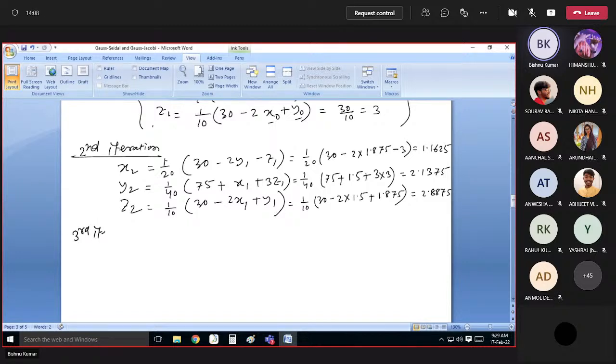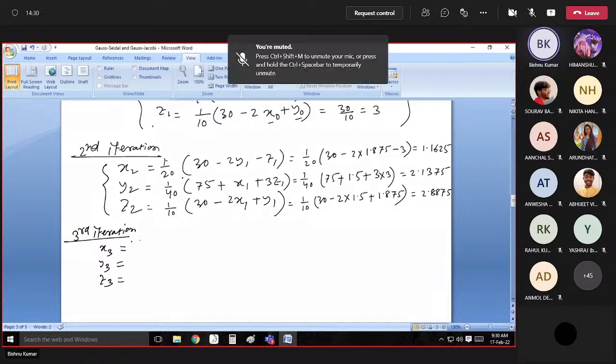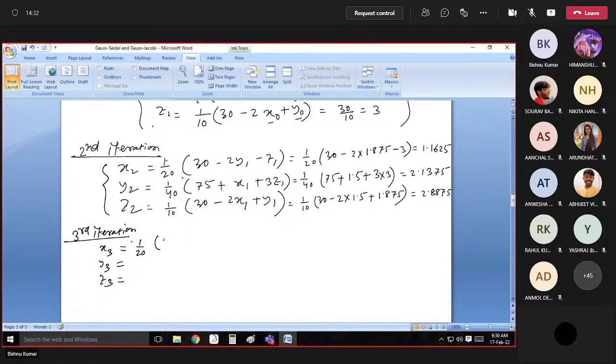The third iteration. To get x3, y3, z3, I will use the second iterated values on the right-hand side, and my formula scheme will be the same. Simply the subscript will be 2, the second iterated value. So x3 = 1/20 (30 - 2y2 - z2). Is it clear?